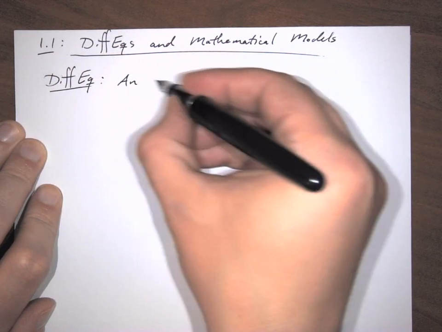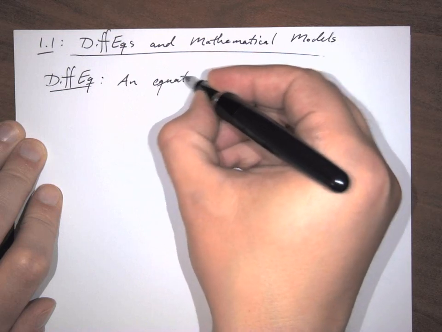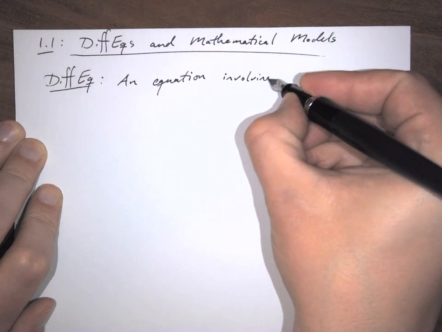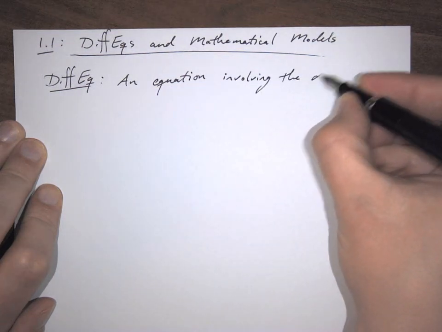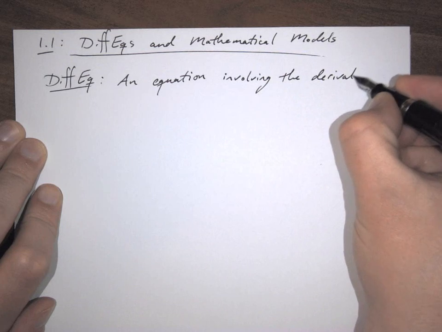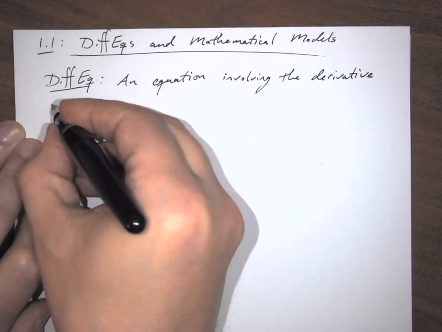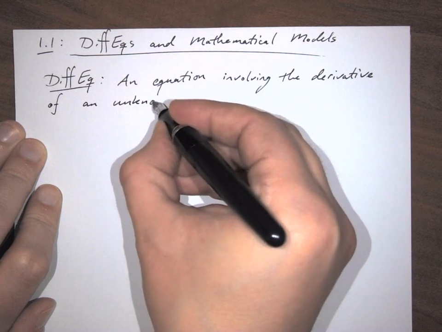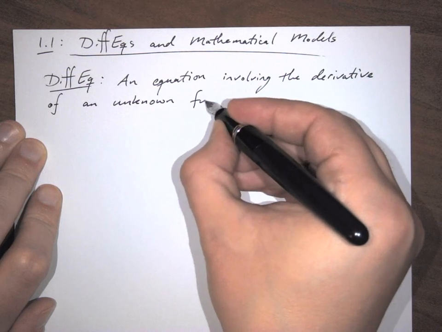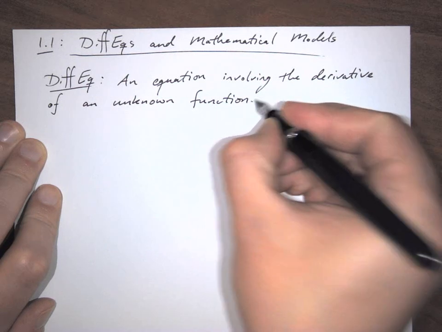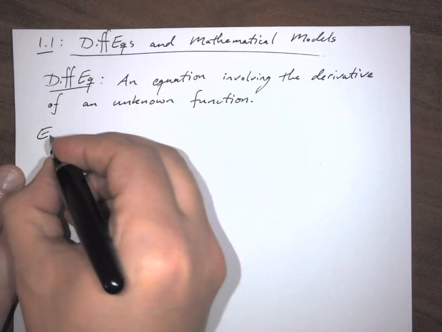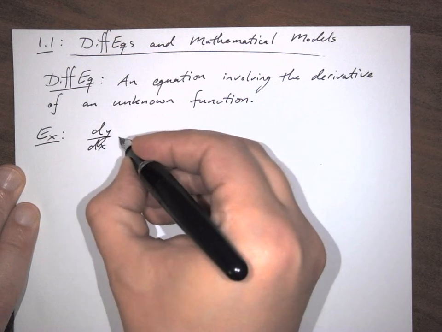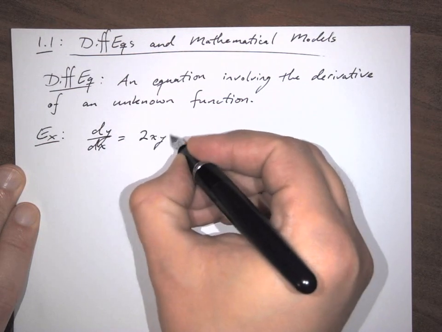Well, it's an equation involving the derivative of an unknown function. For example, we might have something like dy dx is equal to 2xy squared.